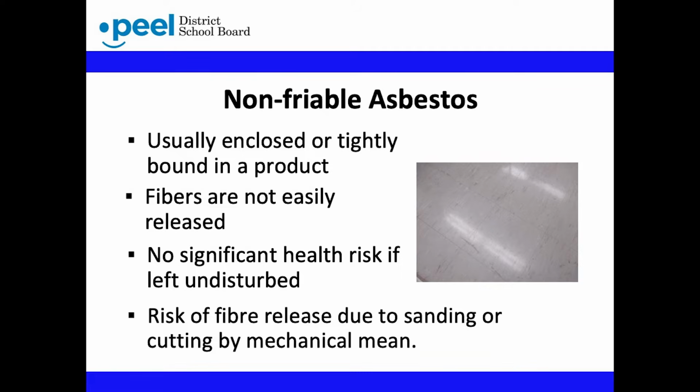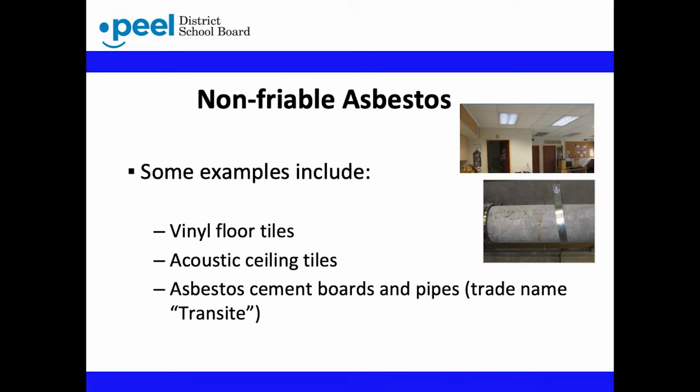There is only a risk for fiber release when the material is subject to significant abrasion through activities such as sanding or cutting with electric power tools, or if the condition of the material deteriorates. Some examples of non-friable asbestos include vinyl floor tiles, acoustic ceiling tiles, and asbestos cement boards and pipes, usually referred to by its trade name, transite.